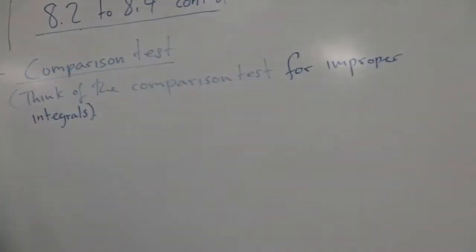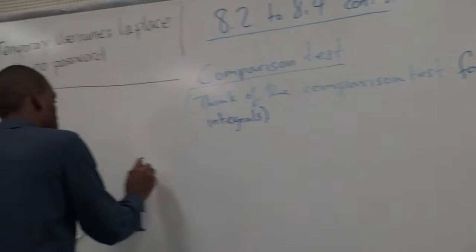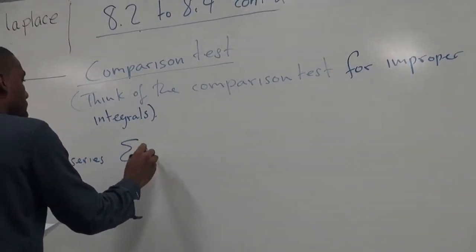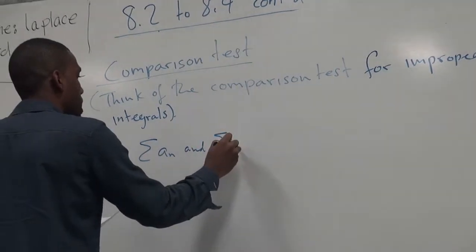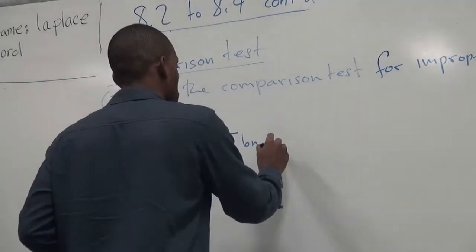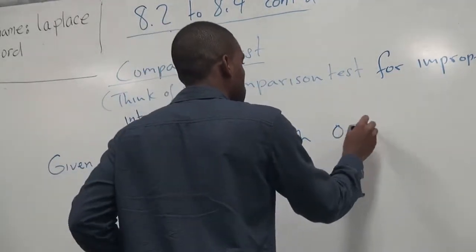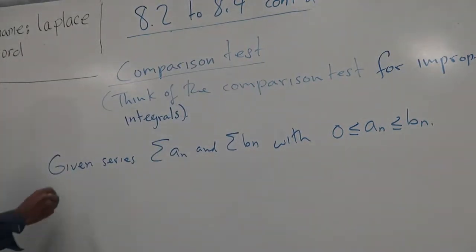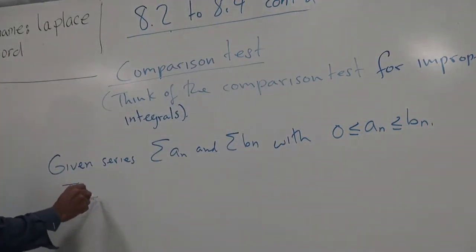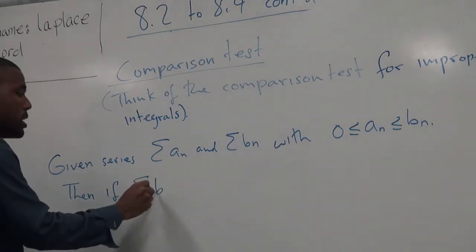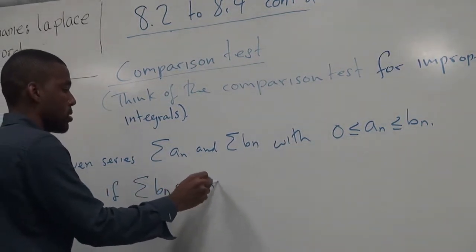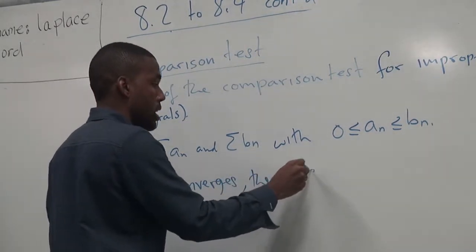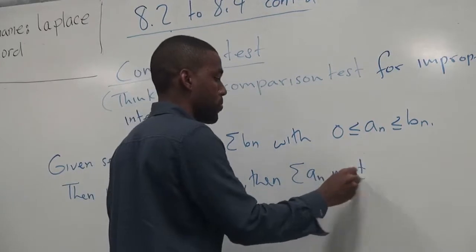But the comparison test says the following. Given series a_n and b_n with a_n less than or equal to b_n, then if the series of b_n converges, then the series of a_n must converge.